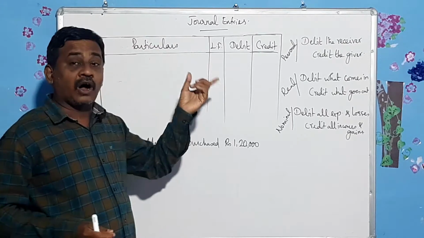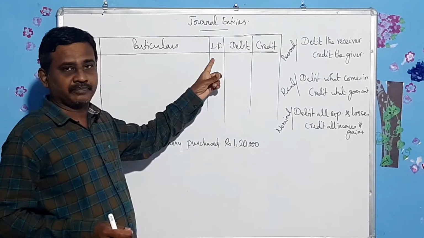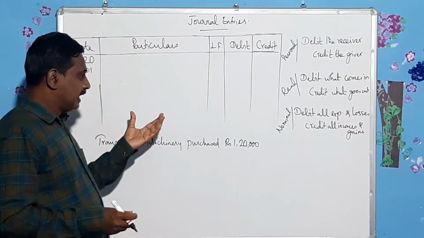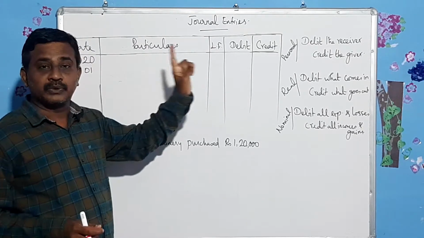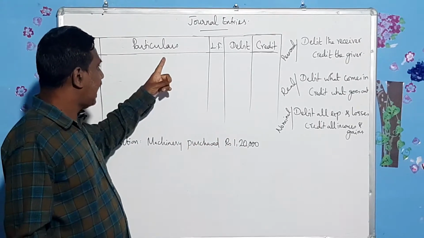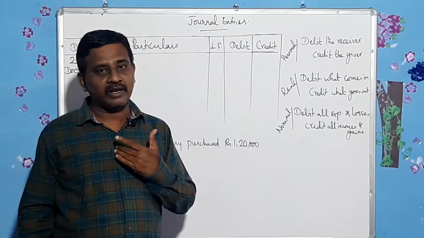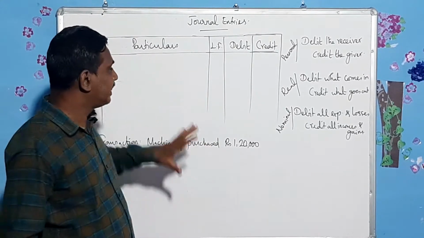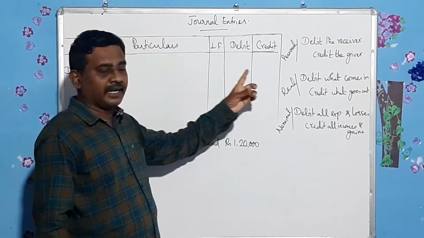The page on which this aspect is transferred will be written here. Folio means page. Again, let me tell you, entries entered in the journal book will be posted to the ledger book, and the page on which this aspect is transferred will be written here. Normally, we are not going to use this column. Anyhow, you have to be very perfect in the format of the journal book, and debit and credit.